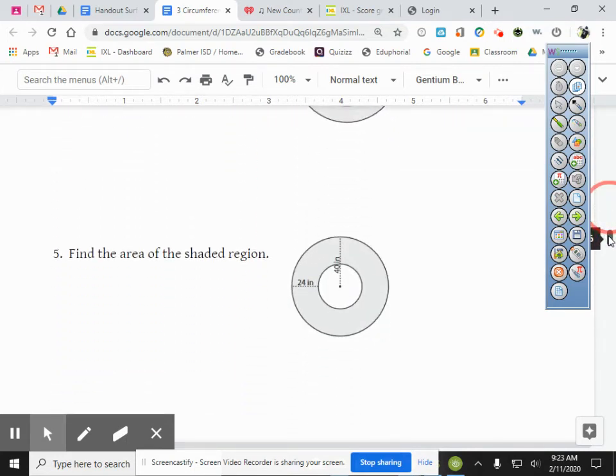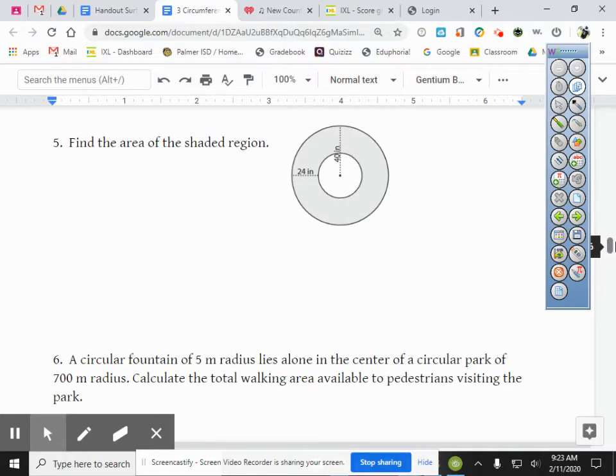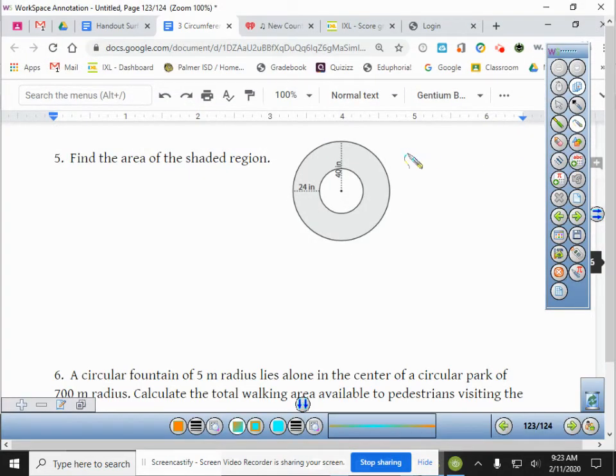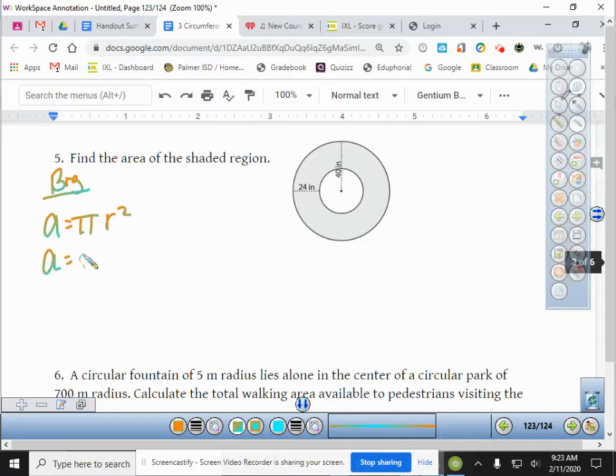Let's look at number 5. We're going to find the area of the shaded region. So do you want to do the big one first? What's the formula? Pi r squared, and we're going to use 3 for pi.